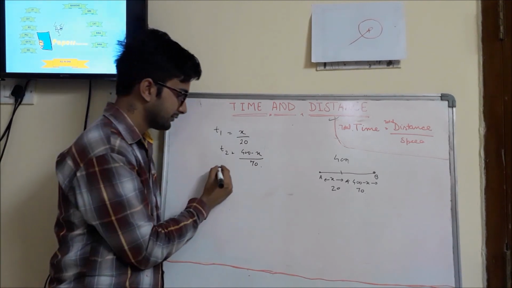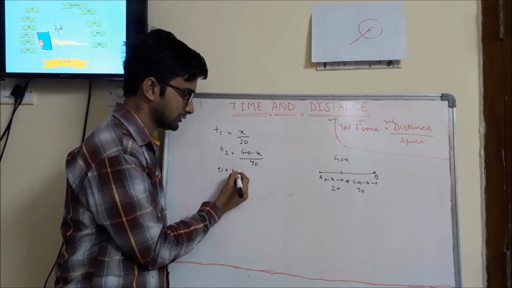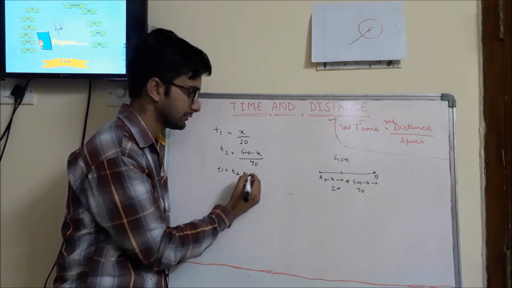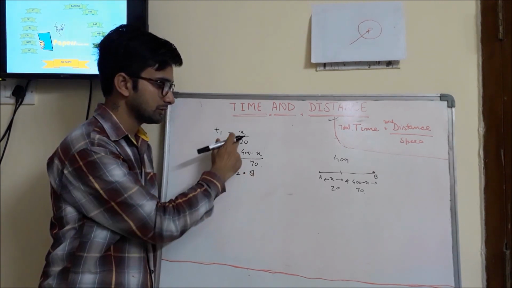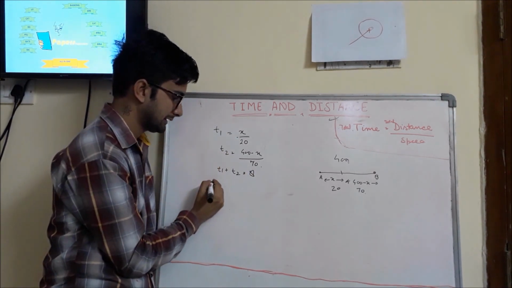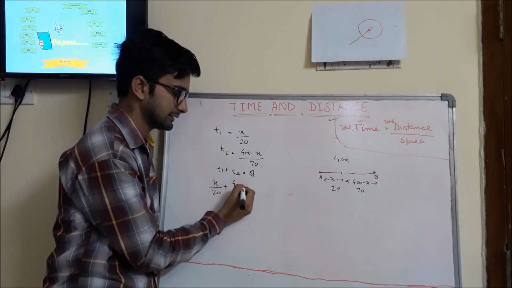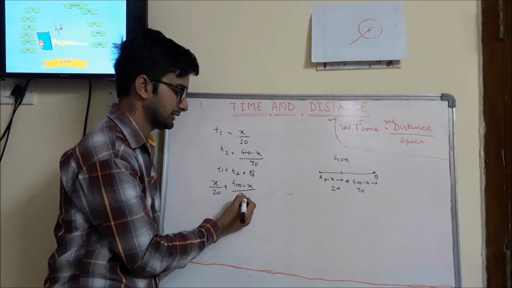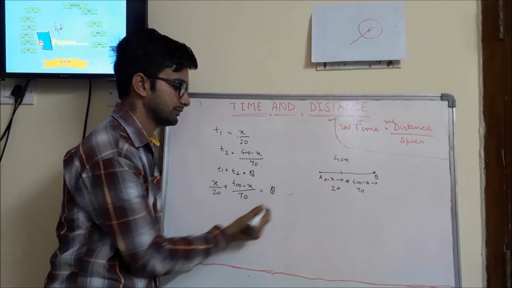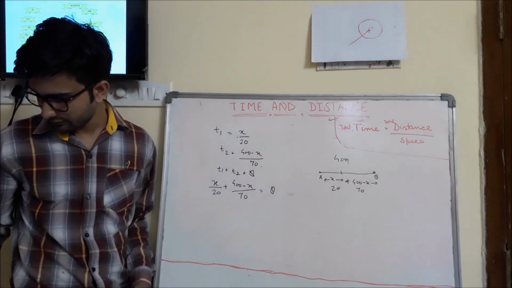Now we know that t1 plus t2 is the total time, that is equal to 8 hours. We'll put these two equations in this one. So we get x divided by 20 plus 400 minus x divided by 70 is equal to 8. Now let's solve this equation.